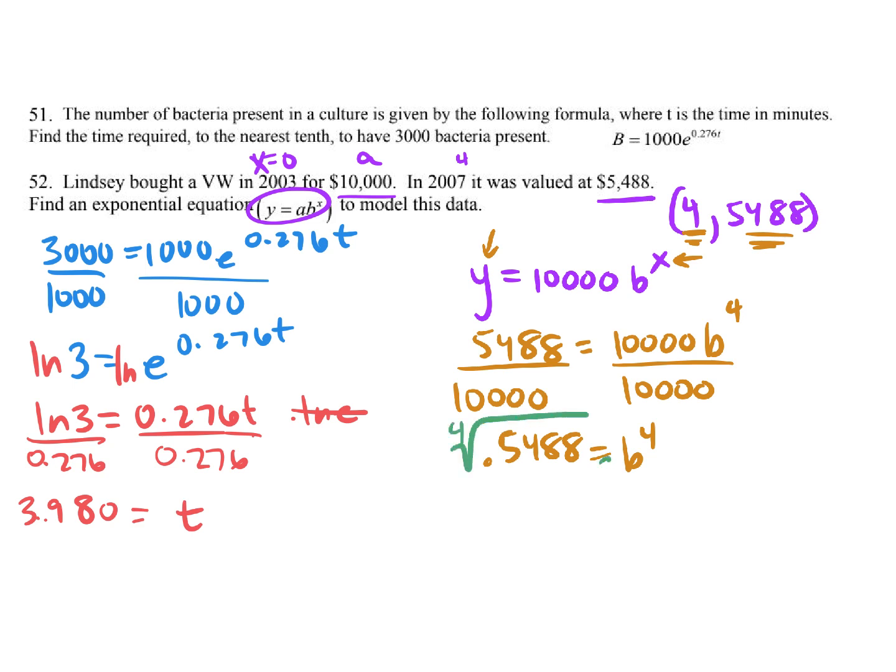We have to take the 4th root of that number to get our b value. So this is where the calculator piece really comes into play. And that b value would be 0.86. So the equation is y equals 10,000 times 0.86 raised to the x power.